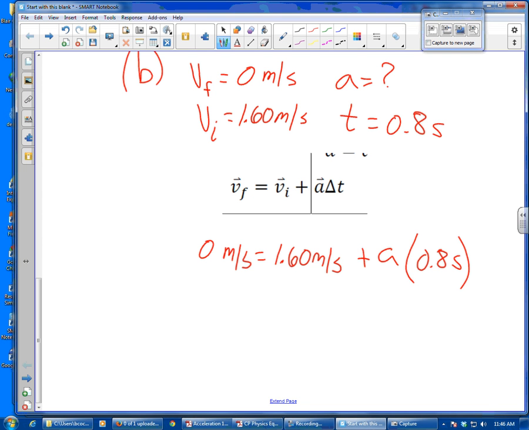Now I'm moving positively, and I'm slowing down, so I expect my acceleration to be positive or negative, in the same direction as I'm moving, or opposite my motion? Opposite, right? We wrote that in the Y. And so I'm hoping I get out a negative number, right? Fingers crossed, ankles crossed. So, negative 1.60 meters per second equals A times 0.8 seconds.